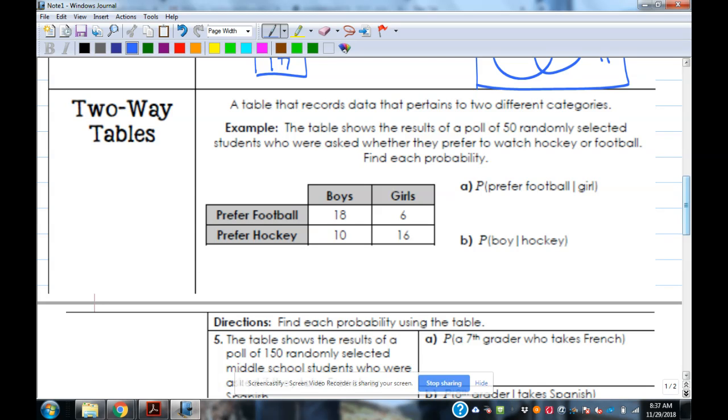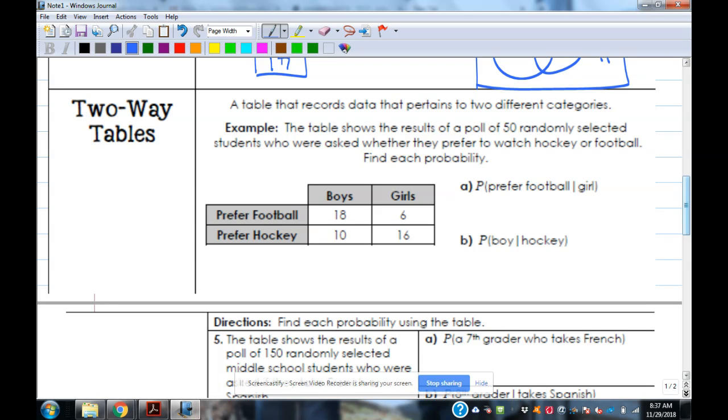Now, part A says they prefer watching football given that they're a girl. That's what that notation says. So we're only looking at the column that has girls in it. So how many girls are in that column?